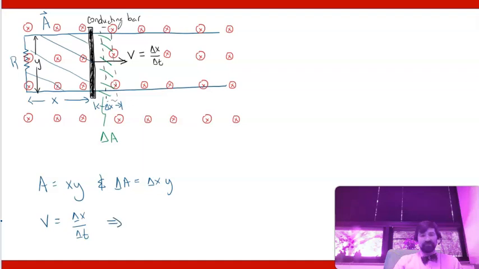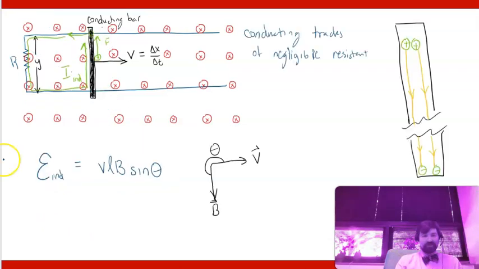So this implies that my induced EMF, again, the L vector right here would become a y vector. So my induced EMF is V times y times B times sine theta.